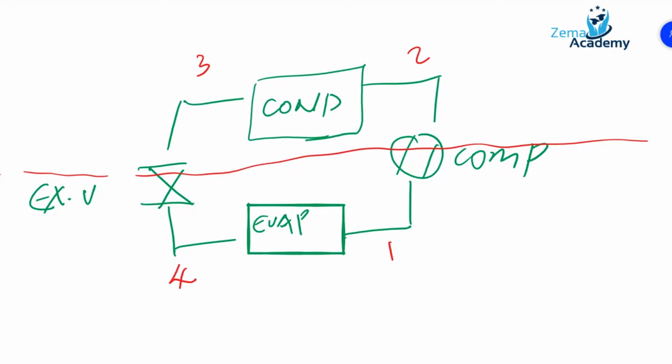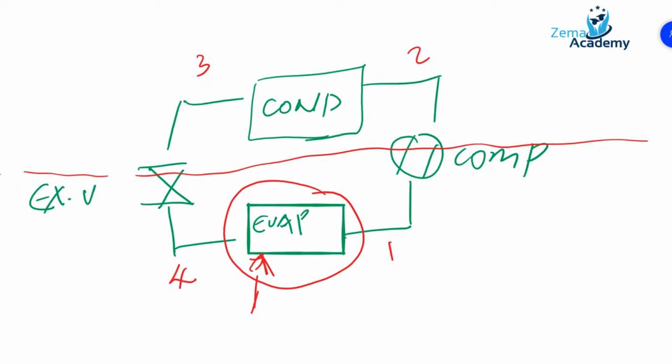I will start with the primary function of an evaporator. Depending on the source, let's start with air. It takes air, and inside the four components we have a refrigerant, which is constantly changing its phase from liquid to gas, gas to liquid.